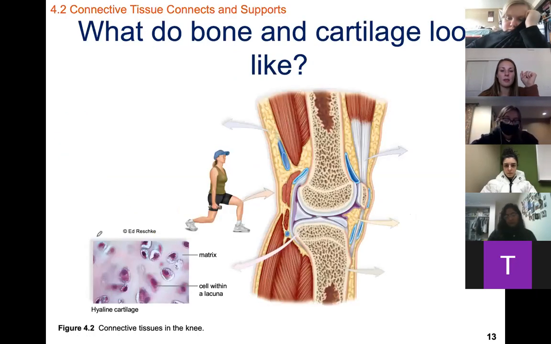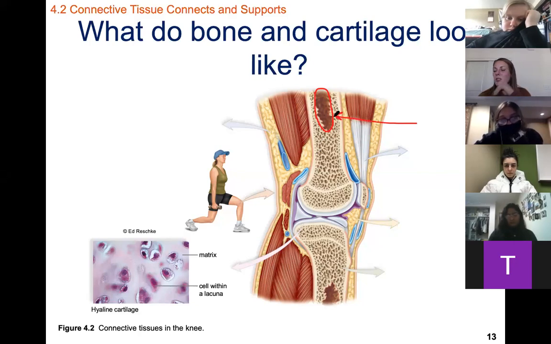So what that means here is this is your compact bone up here, and this is where your blood vessels are found and where your red bone marrow is produced. This is going to be much more structured, very stable.